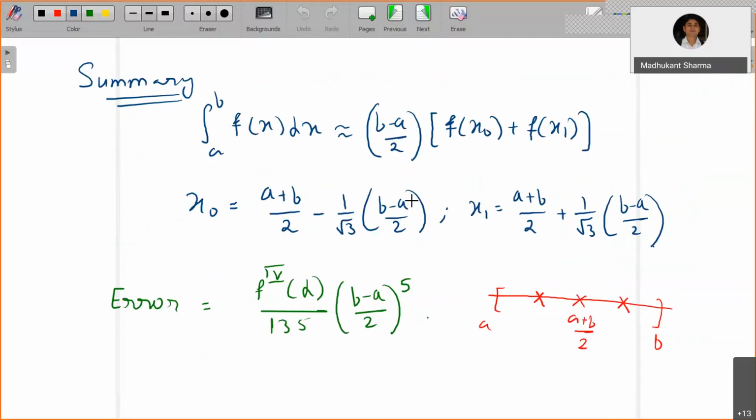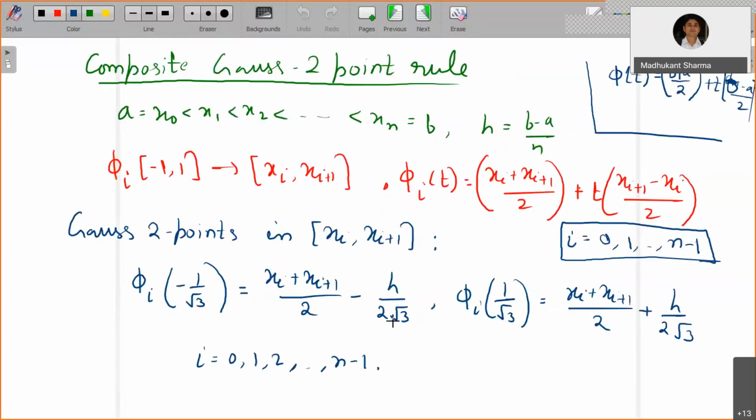What is b minus a? It is the length of the interval, that is xi plus 1 minus xi, but that is equidistant and equals h for the composite rule. So it is going to be h by 2 for any i. Because they are equidistant, that is going to be h by 2 root 3. Similarly for phi i at 1 by root 3, and similarly for phi i at minus 1 by root 3, and i is running over this range.